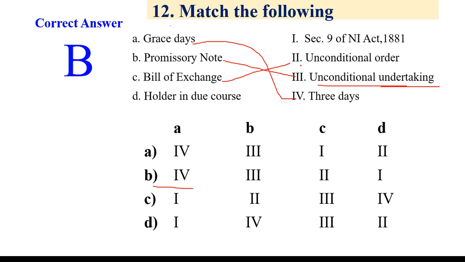So C is unconditional order. And holder in due course, section 9 of the Act defines holder in due course. So this is the correct option. Correct option is B. 4, 3, 2, 1. So we'll move to the next question.